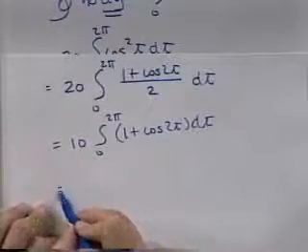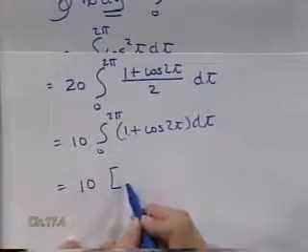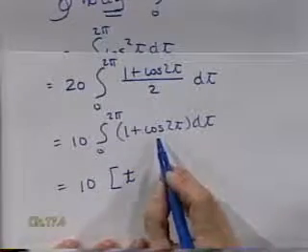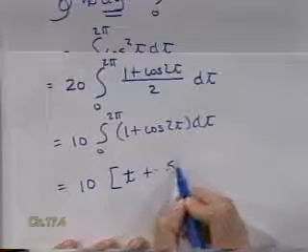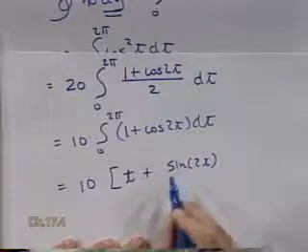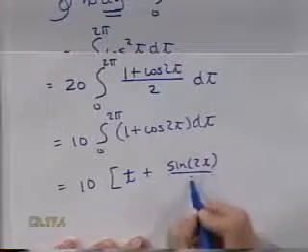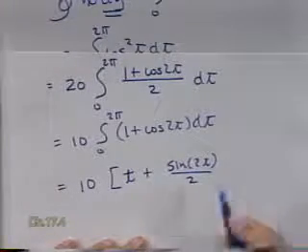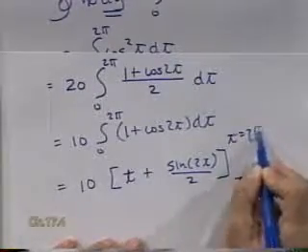Now I have to do that antiderivative. The integral of 1 dt is t. And now I need a function whose derivative is cosine 2t. Well, let's try sine 2t. But if I take the derivative of sine 2t, I get cosine 2t times 2. So I'll need a 2 on the bottom for them to cancel. You with me? And then we're going to go from t equals 0 to t equals 2 pi.